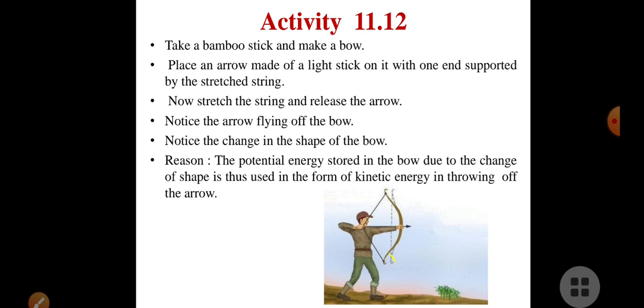Means that stored elastic energy in this string is doing work on this arrow, and the arrow goes in forward direction. So potential energy is stored in the bow due to change in shape of the string, and is thus used to form kinetic energy in throwing of the arrow. So that stored elastic potential energy is converted into kinetic energy of this arrow now.